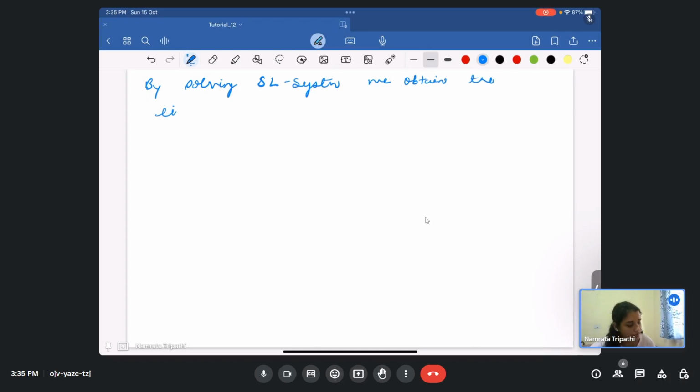Everyone knows how to solve SL problem taking three conditions on lambda because lambda is real number.